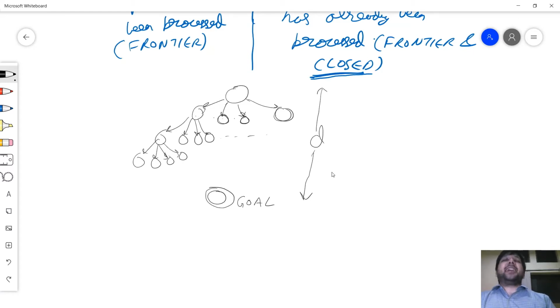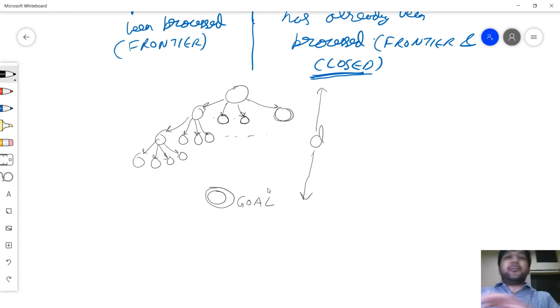So after some time, I have visited all nodes at depth 1, then after some time all nodes at depth 2, then after some time all nodes at depth 3, and after some time, because I visited all the nodes possible at a depth d, I would have definitely visited the goal. You cannot miss that. It's at depth d.